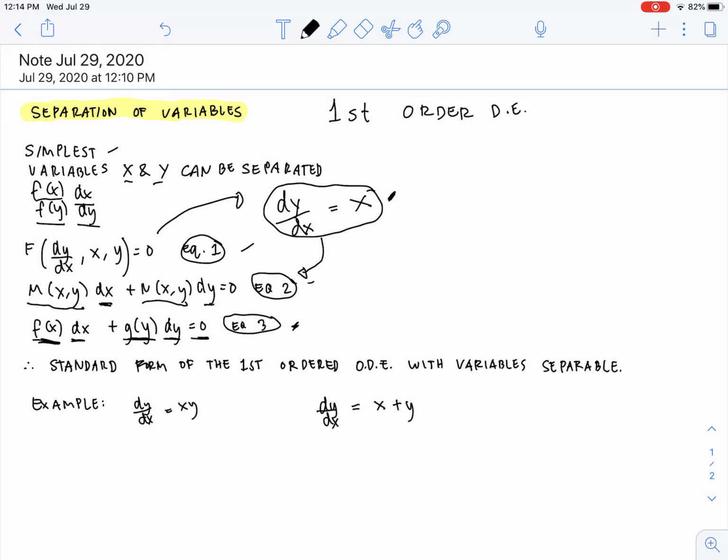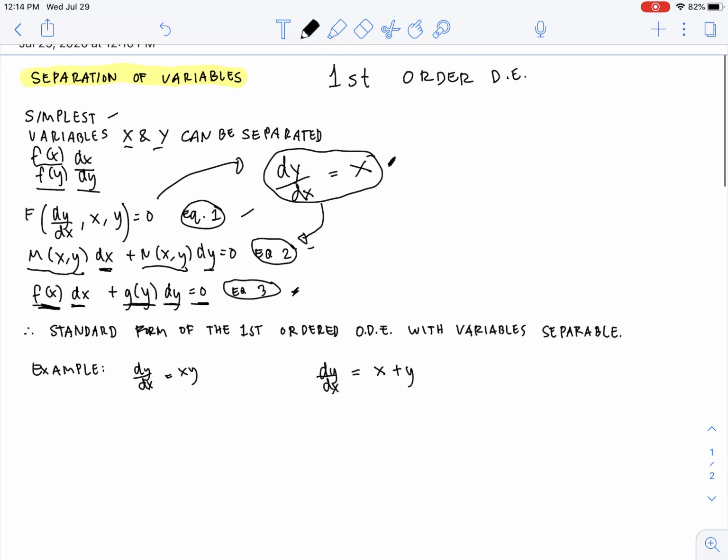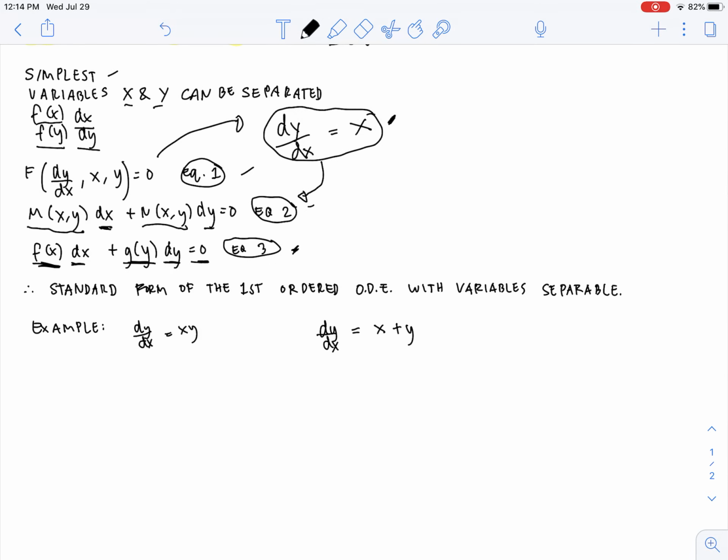Not all differential equations are variable separable. There are certain cases where the variables can be separated. So equation number 3 is the standard form of the first order ODE with variables separable.